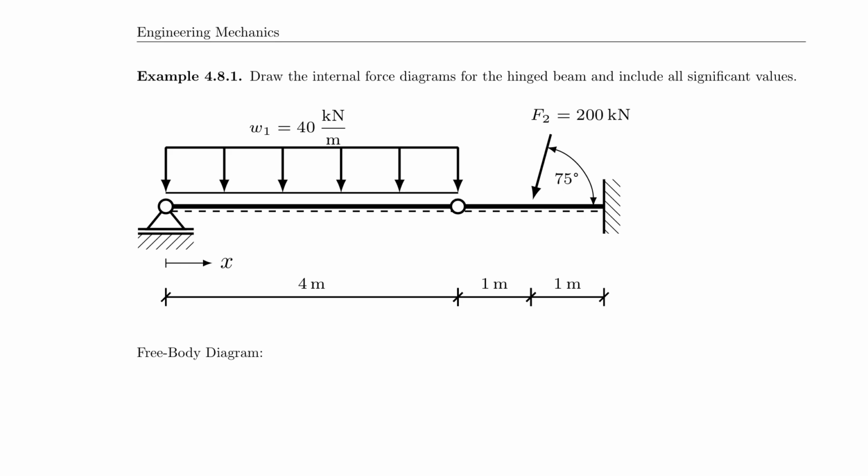So let's make some observations here before we get started, because we don't want to really calculate it, we just want to understand the system. So first of all, here's the hinge at x equals 4 meters. I know that my moment must go through zero there. What else do I know?